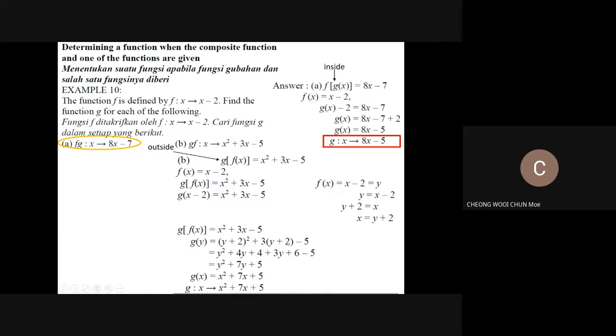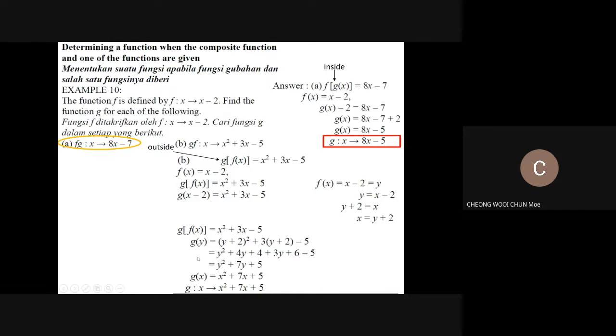Then you must expand this one, open up the bracket: 3 times y is 3y, plus 3 times 2 is 6, minus 5. So there's only one y squared, and then this 4y and 3y add up together to give 7y. Then 4 plus 6 minus 5 gives 5.